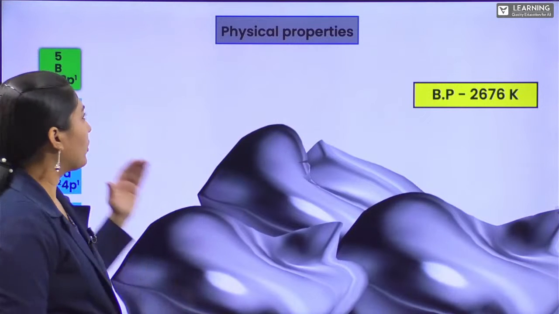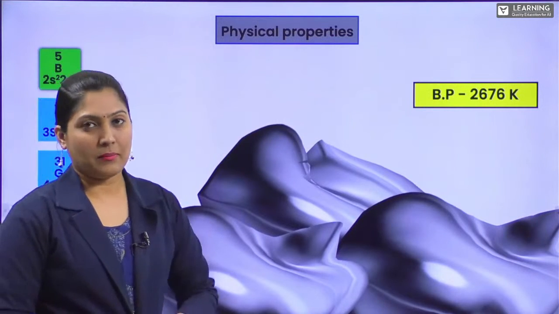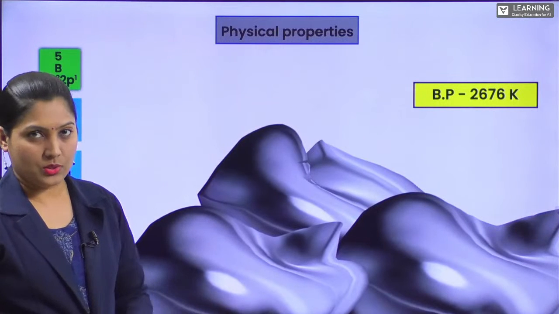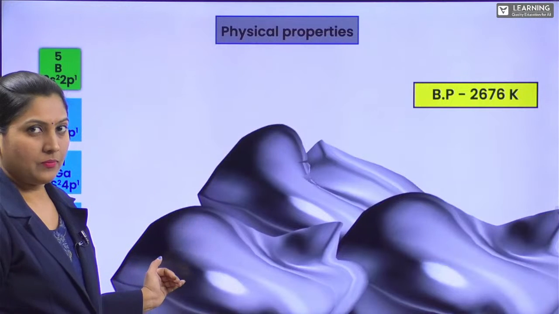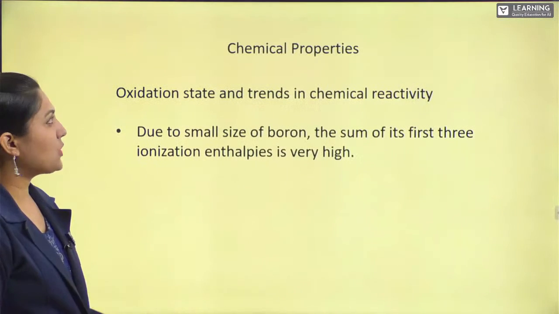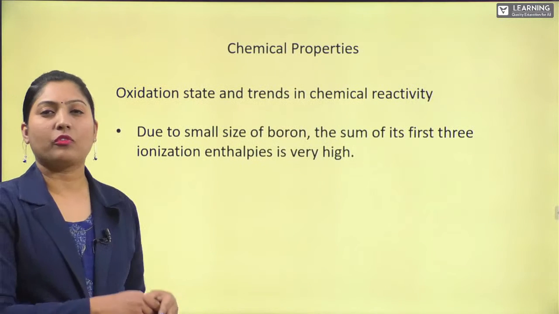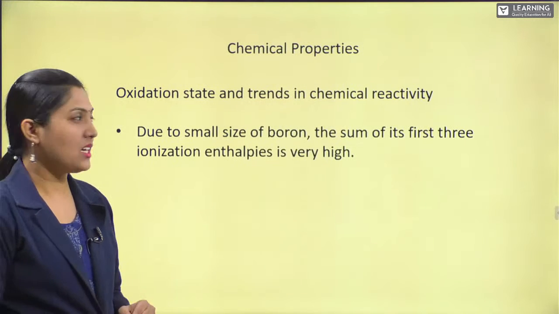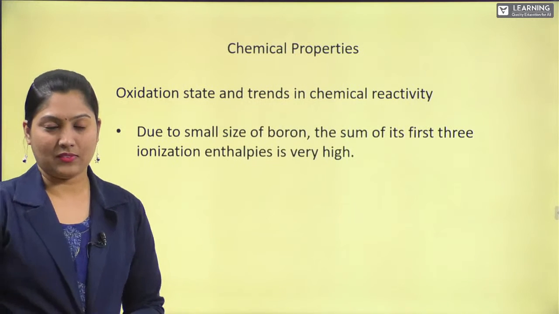As we know, boron is a non-metal, aluminium is a metal, and going down the group, we get the metallic nature, and they are heavy metals. Did you understand this, students? Good. Next, we have the chemical properties of these 13 group elements. So what about the oxidation state and trends in chemical reactivity?